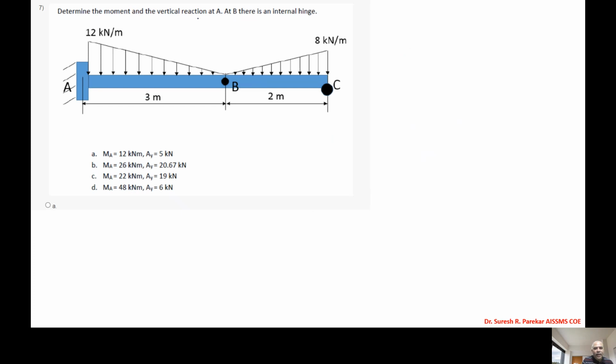Now determine the moment and the vertical reaction at A. At B, there is an internal hinge.